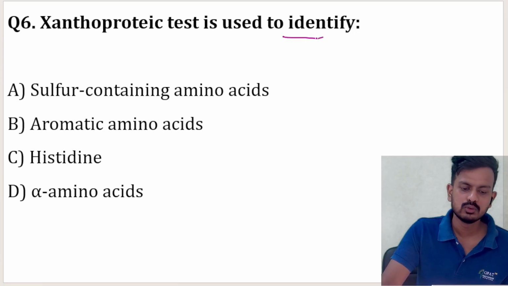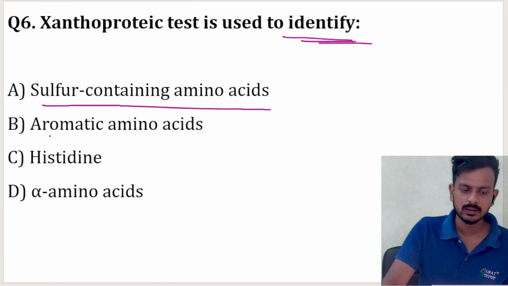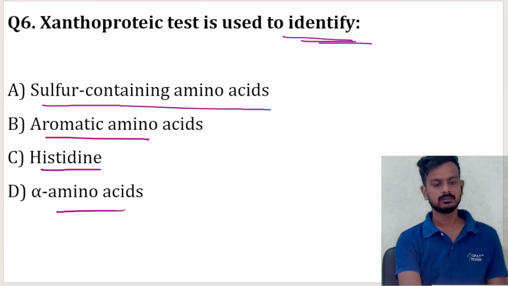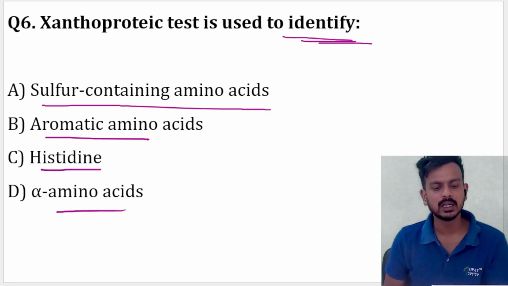Xanthoproteic test is used to identify sulfur containing amino acid, aromatic amino acid, histidine, or alpha amino acid. Why is this xanthoproteic test basically used? First you remember what we do in the xanthoproteic test.